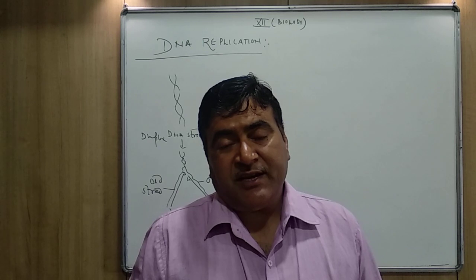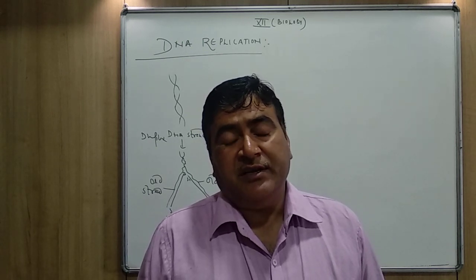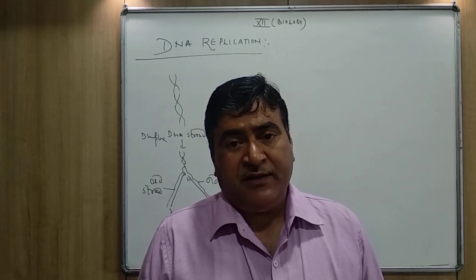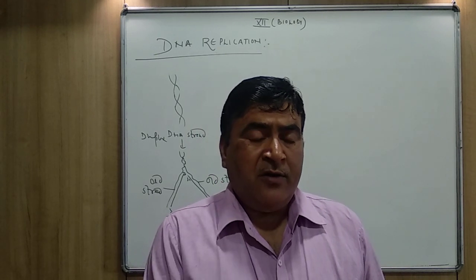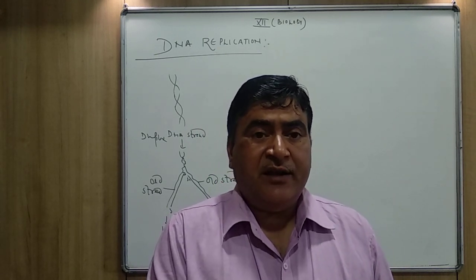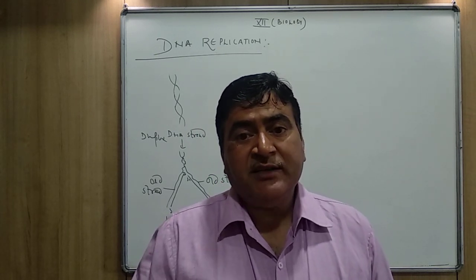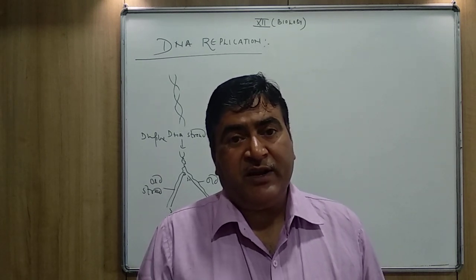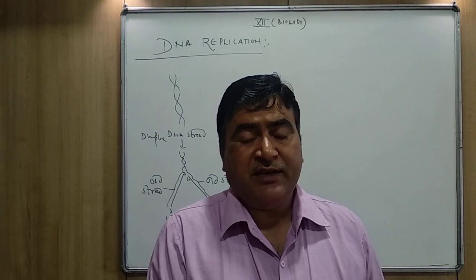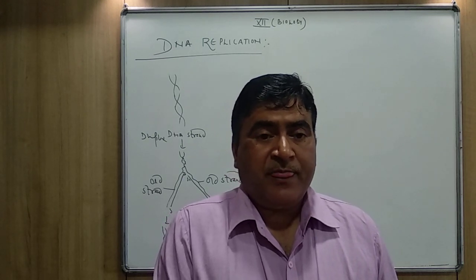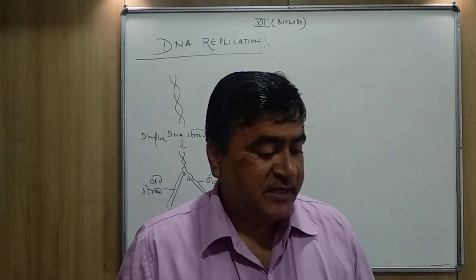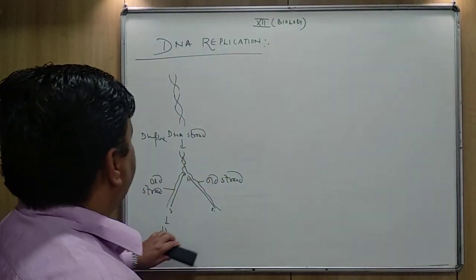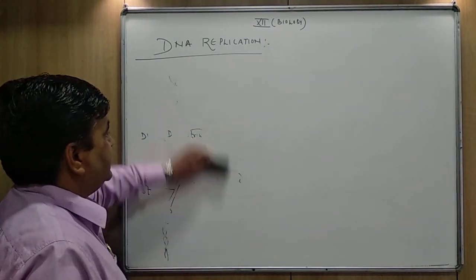In a newly synthesized DNA duplex, one strand is old and one strand is newly synthesized. One is new and one is parent, or you can say old. And this is called the semi-conservative mode of DNA replication, which I have already explained.